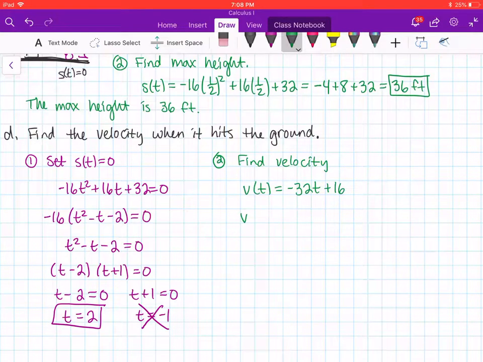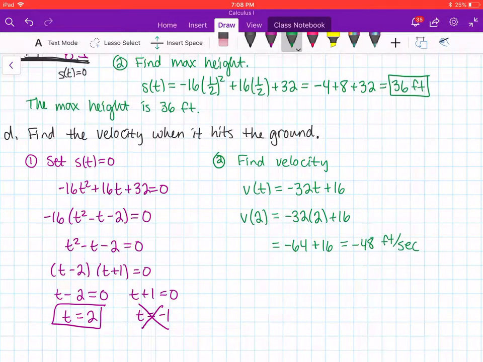We want to know what the velocity is at 2 seconds, so we have negative 32 times 2 plus 16. Negative 32 times 2 is negative 64, plus 16. That gives you negative 48. And that's feet per second because it's velocity. All right, and that's the velocity when it hits the ground.